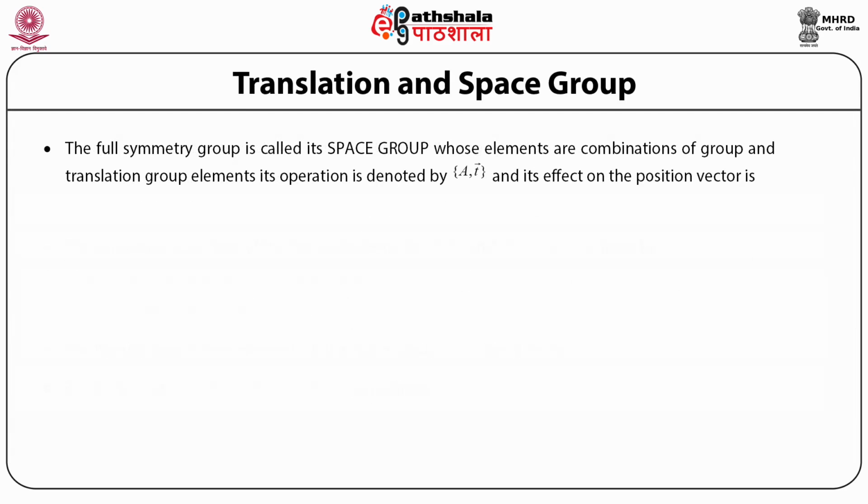The full symmetry group is now called the space group. What are the elements of this space group? The elements of these space groups are combinations of point group and translation group elements.